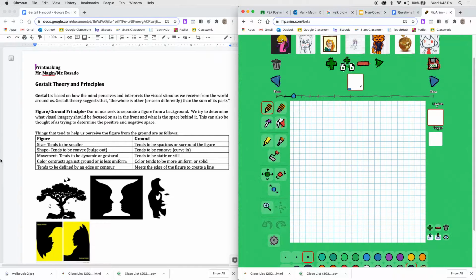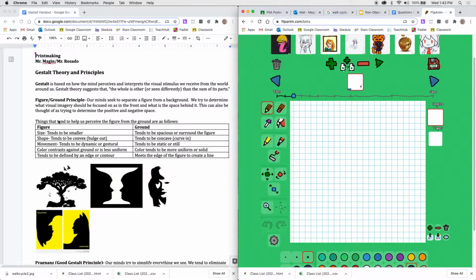Okay, so let's say I was working on the idea of figure ground. With figure ground, our minds seek to separate a figure from the background. One way to do this is to actually start with a figure and then erase away to create this figure ground relationship, like you can see down here.